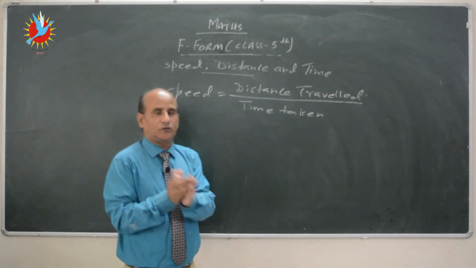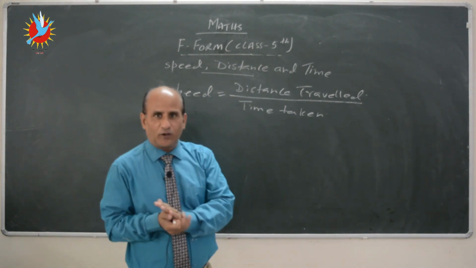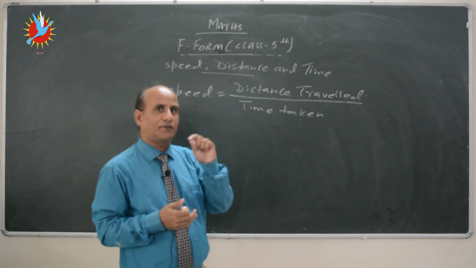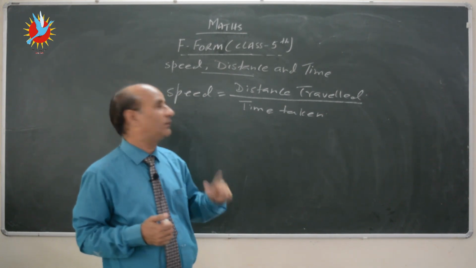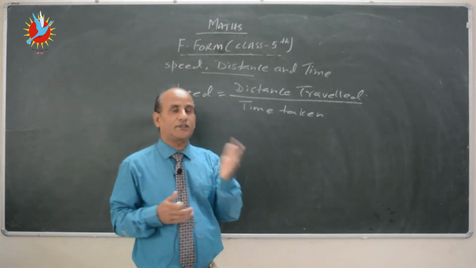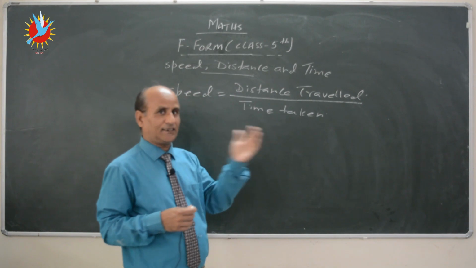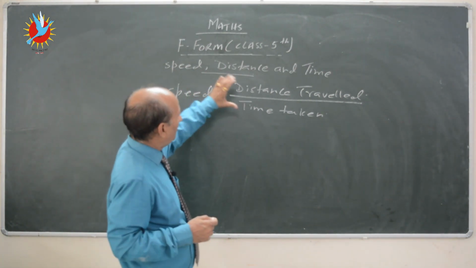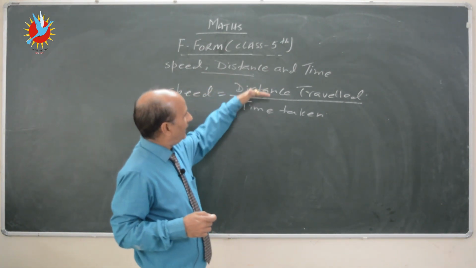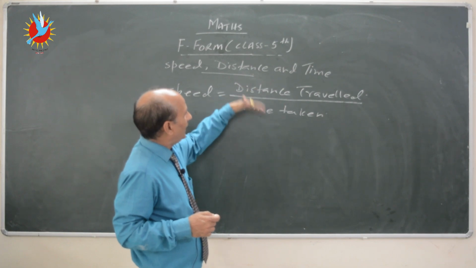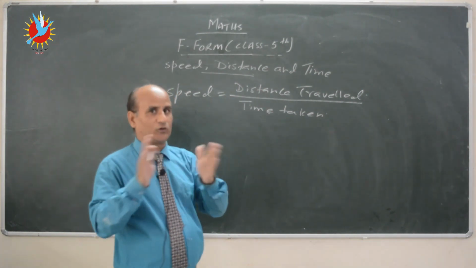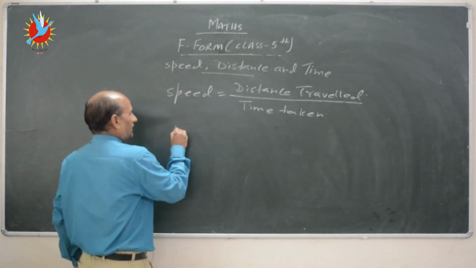Suppose you have to find the speed of a car, you first find what is the distance traveled by the car and how much time it takes to cover that distance. Now distance and time must be similar in their units.